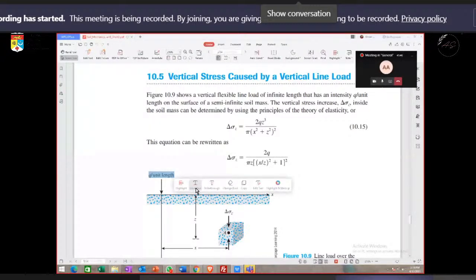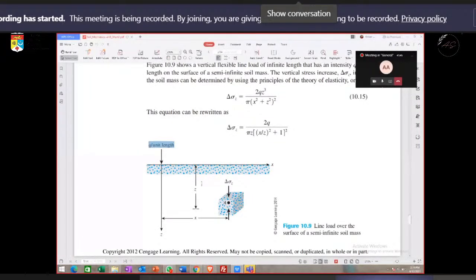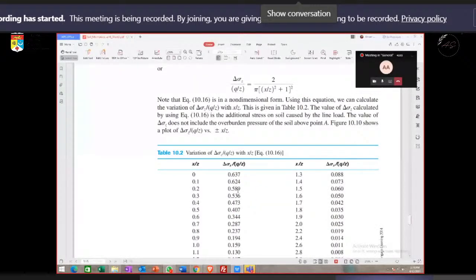So the same thing here, we are given the equation to calculate the increase in stress due to the line load. So these are the equations given, and the same thing, we are also given the table to calculate the increase in stress.